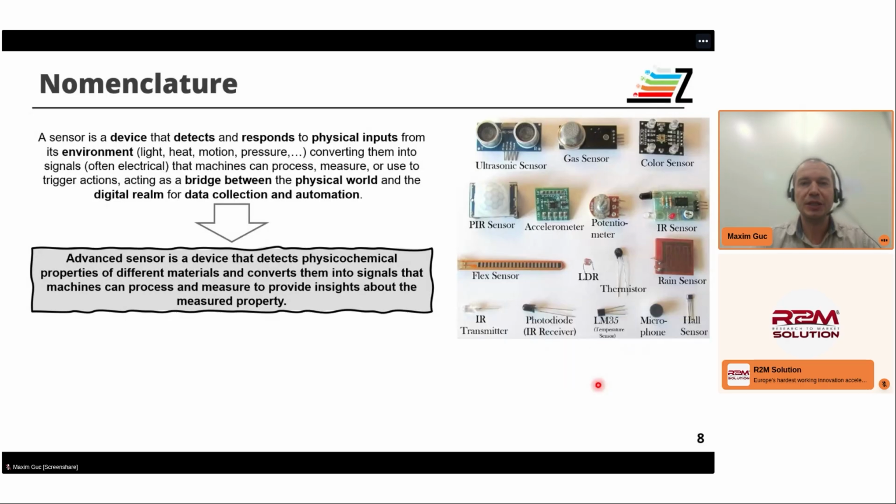This explanation of the advanced sensors would give you a bit of the idea.